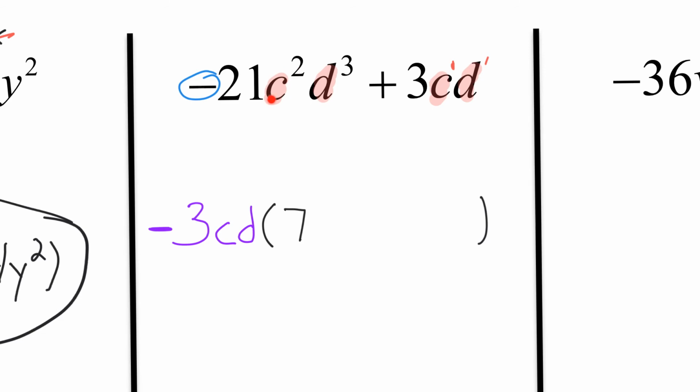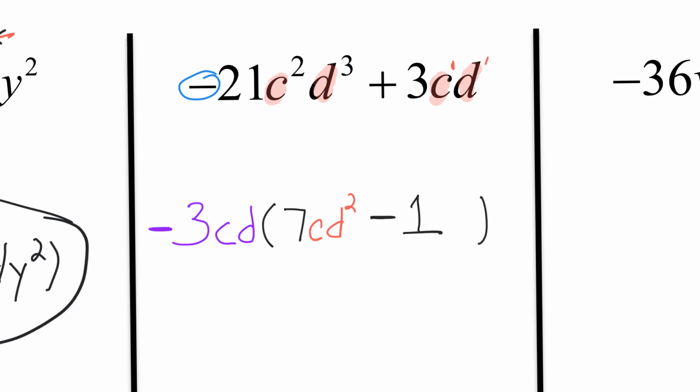You guys have a c squared, but you guys took out 1 c. So that means you guys only have 1 c left inside. You have a d to the third power, but we took out a d to the first power. So you only have a d squared inside, because from 3 you took out 1, so that's a square. And now you guys divide positive 3 divided by negative 3. Well, that's going to be negative 1 here.